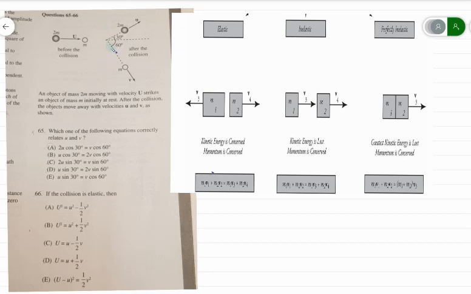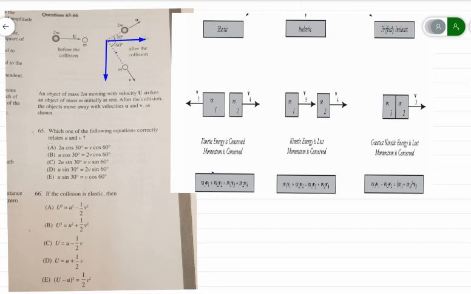Now let's look at this diagram. You can see that this momentum can split into this direction and also this direction.